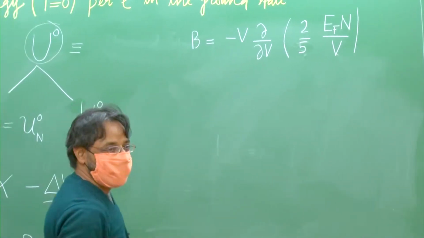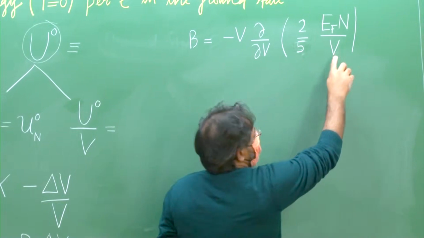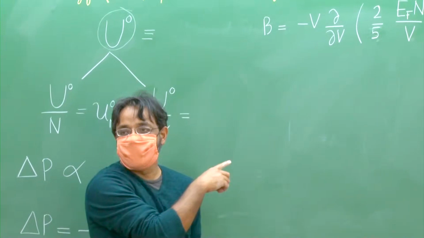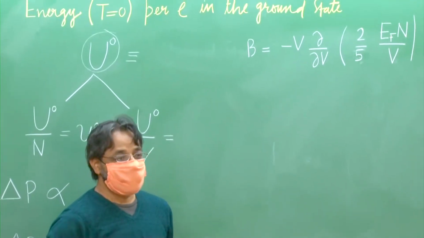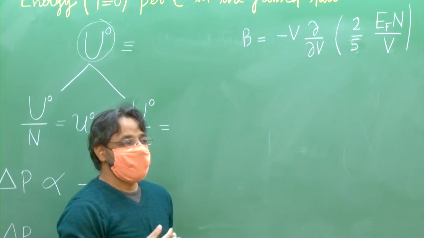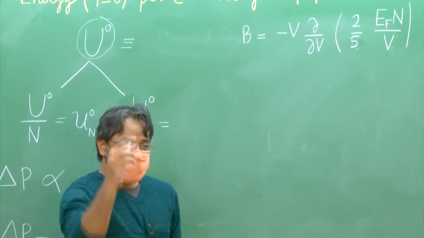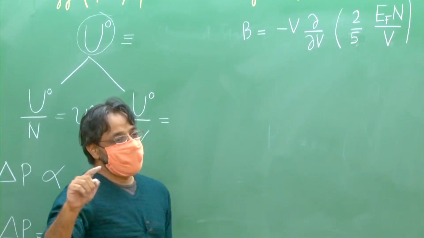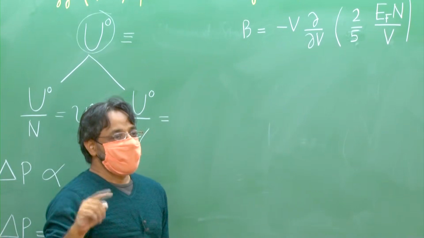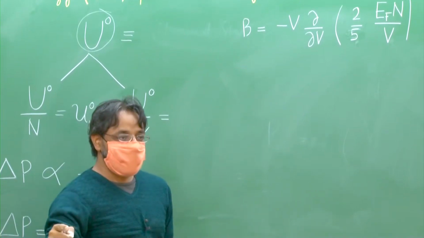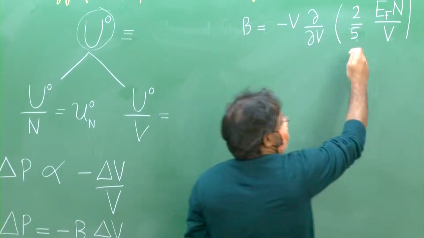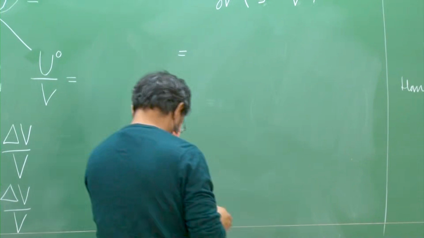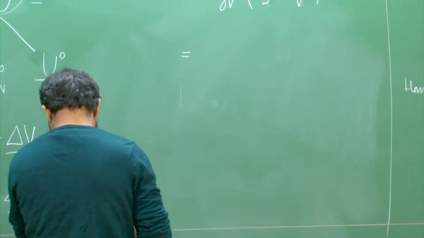So, if you do all that, what will you get? Like before, you will get v to the power 2 by 3 in the denominator, but 1 by v is already present. So you will now have v to the power 5 by 3 in the denominator, and when you take the derivative, you will get 5 by 3 as a prefactor, minus 5 by 3 as a prefactor, and 1 by v to the power 7 by 3. Now, you can write 7 by 3 as 5 by 3 and 1, right. So 5 by 3 you can bring back here.